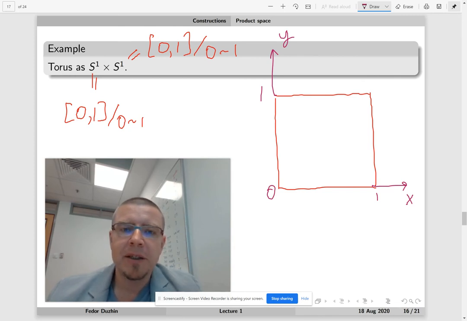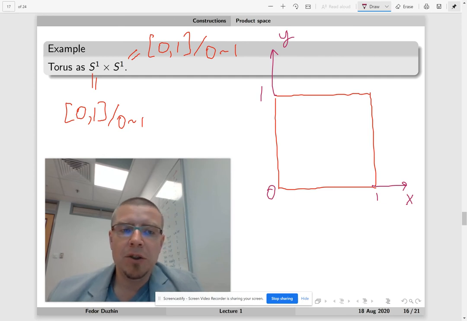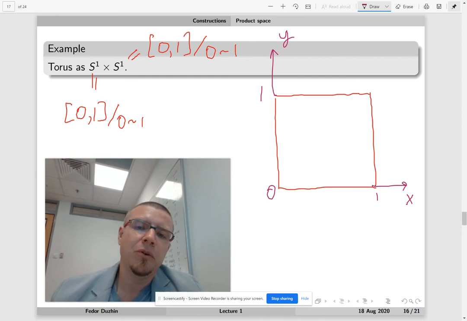So all possible pairs of points where x belongs to the interval from 0 to 1 and y belongs to the interval from 0 to 1 form a square on the plane, right? But then we do these gluings. We glue 0 to 1 in both intervals.